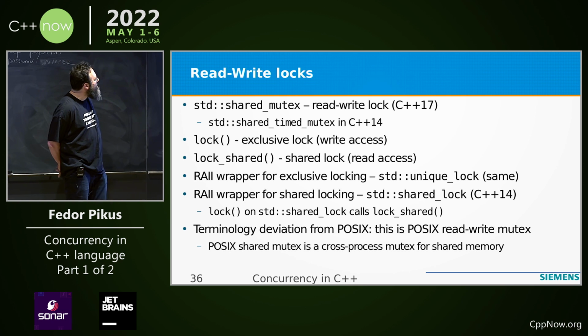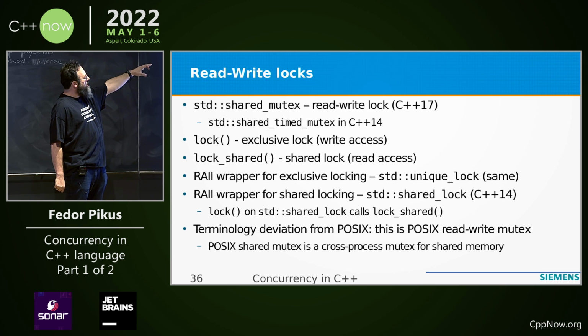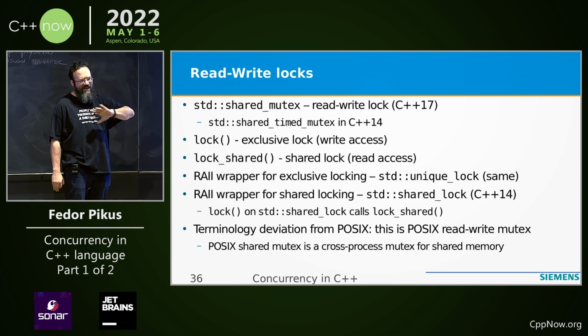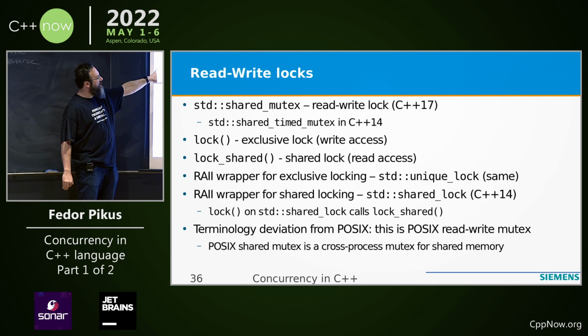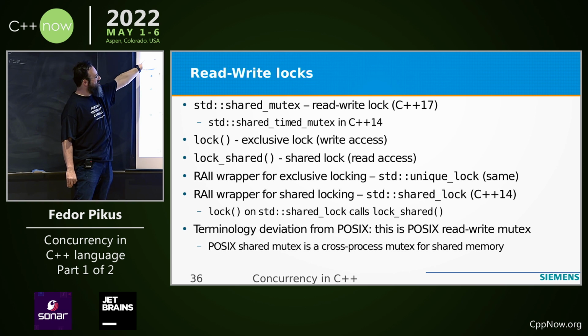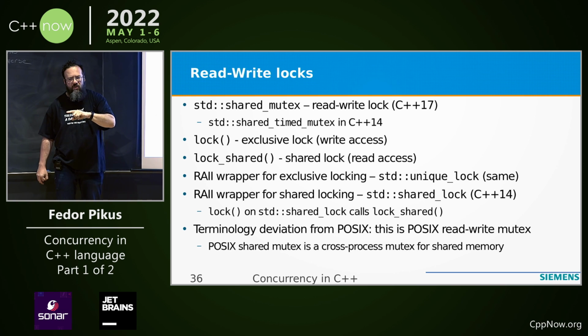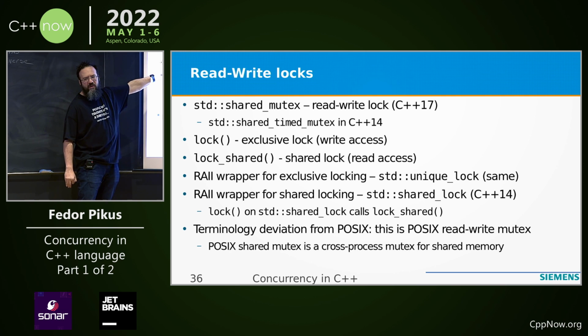Maybe somebody here knows. The plain lock gives you exclusive or write access. If you hold exclusive access to a mutex, nobody else can get any access. Everybody else will block. If you only hold shared access or read access, another thread can also get shared access, but an attempt to get exclusive access will block until everybody releases their read access.